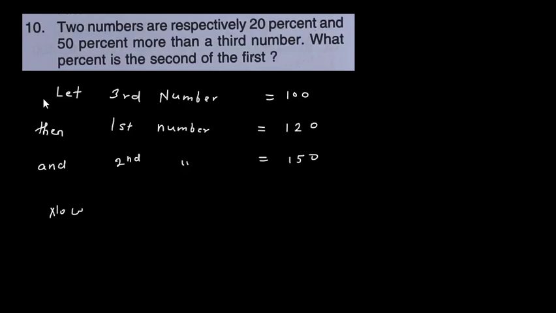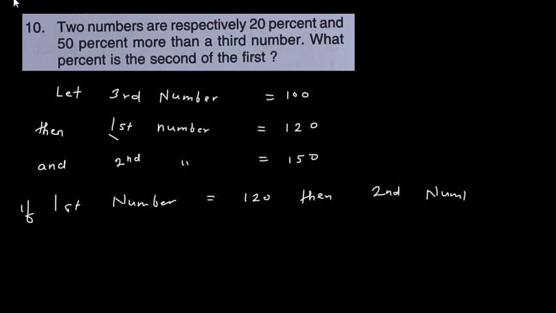If your first number is 120, then the second number is 150.